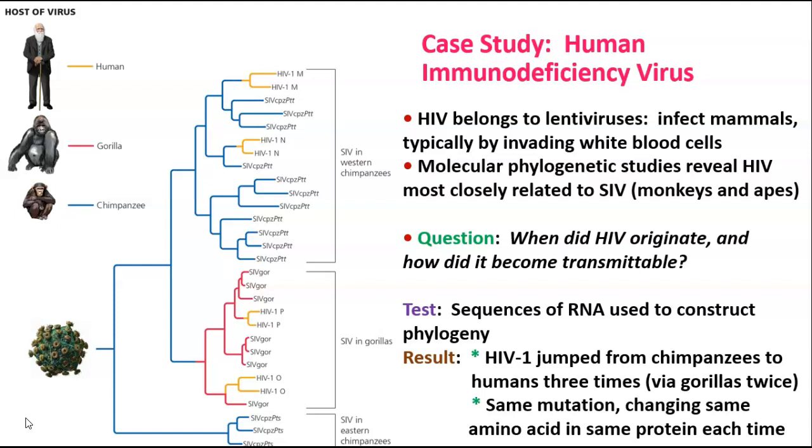So going from SIV in gorillas to HIV in humans. Interestingly, the same mutation happened each time, changing the same amino acid in the same protein. So even though we can detect by the phylogeny that SIV jumped to humans, becoming HIV several times, it actually involved the same amino acid changing, enabling the virus to jump and be able to infect humans.